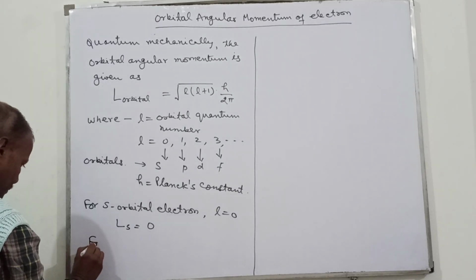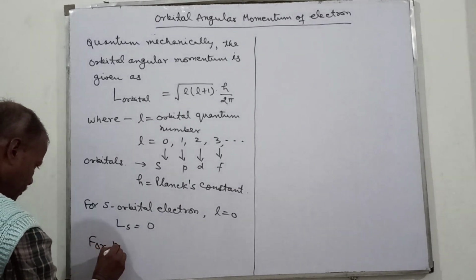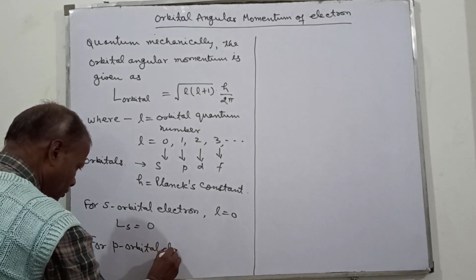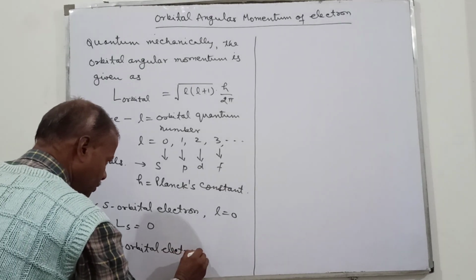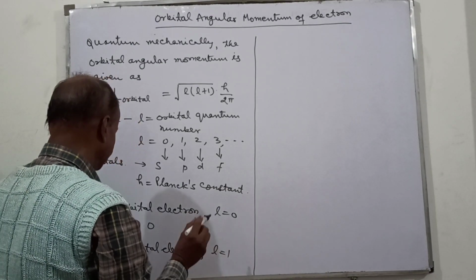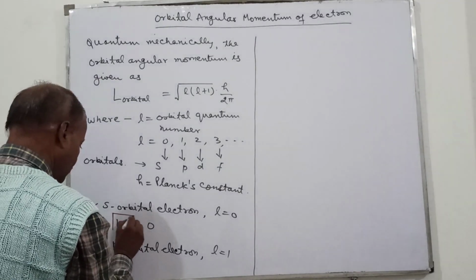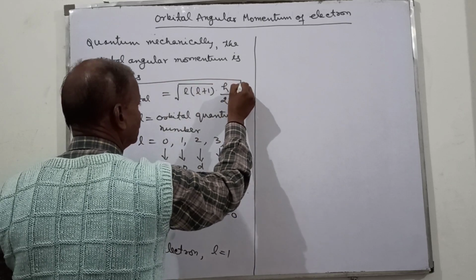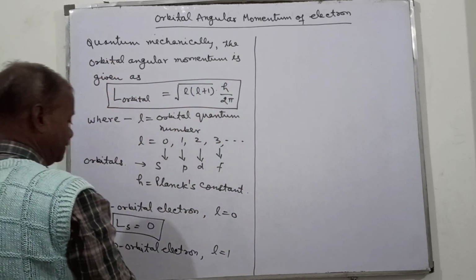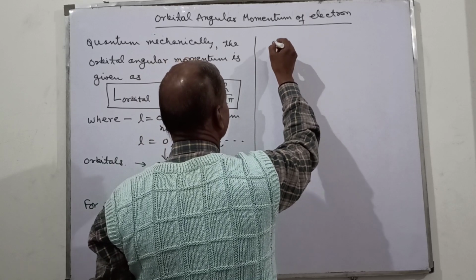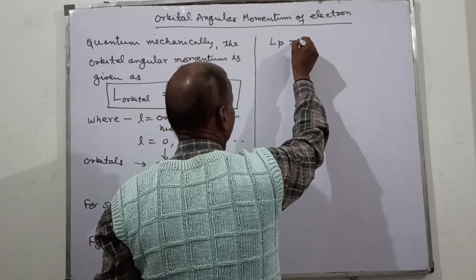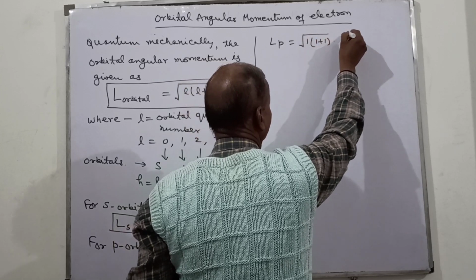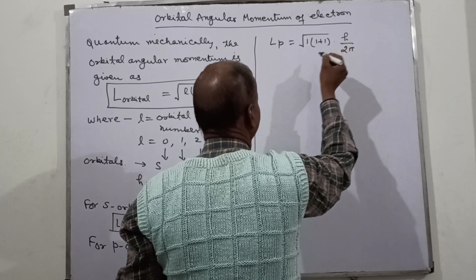For p orbital electron, this l equal to 1, so using this formula, Lp equal to square root of 1 into 1 plus 1 into h upon 2 pi.